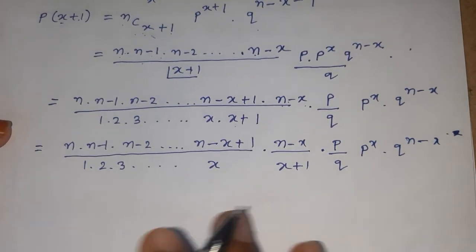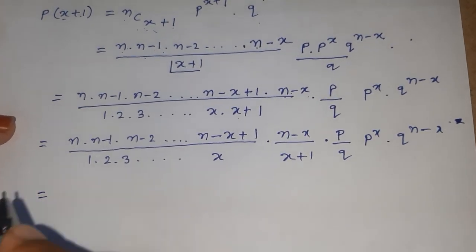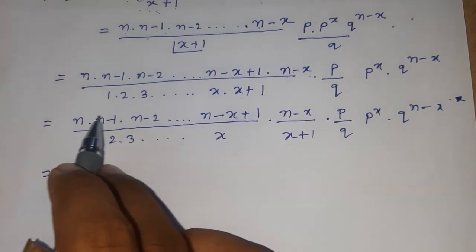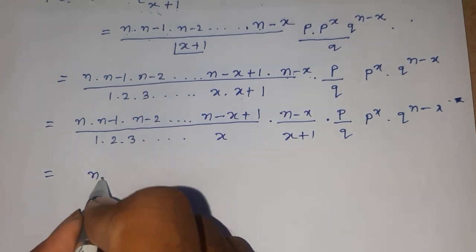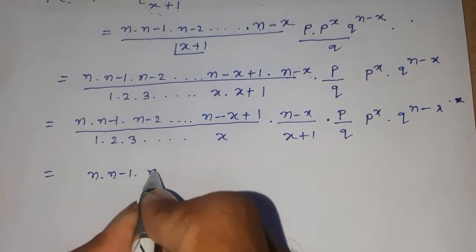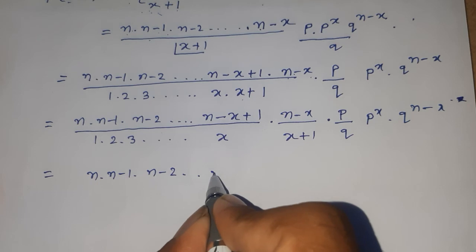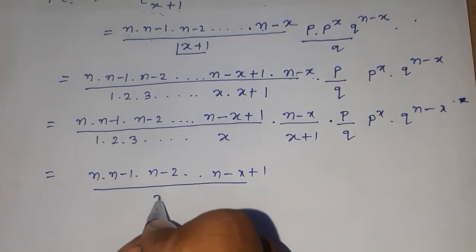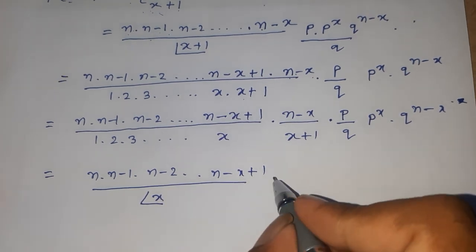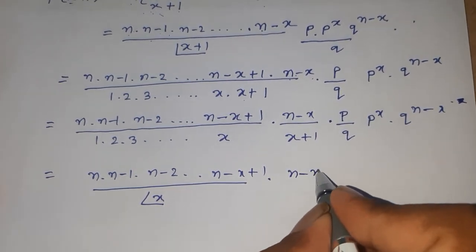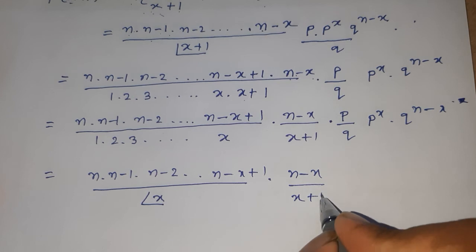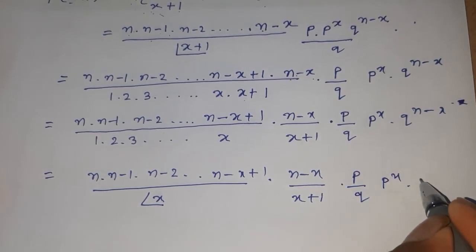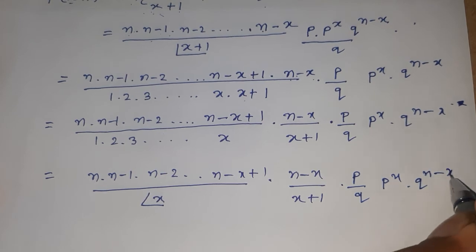Now this is nothing but n into n minus 1 into n minus 2 and so on up to n minus x plus 1, divided by x factorial, into n minus x by x plus 1 into p by q, p power of x, q power of n minus x.